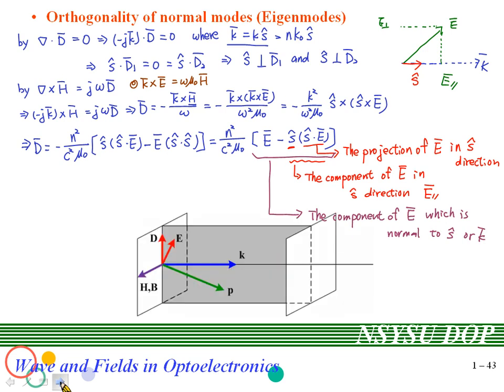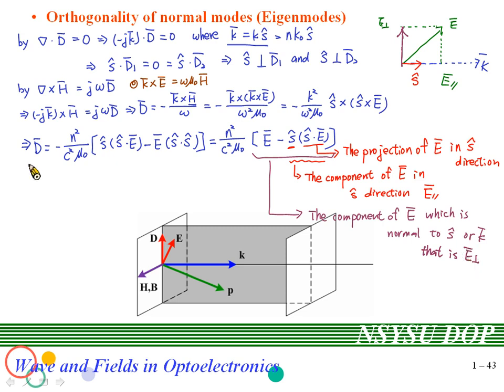Okay? So the expression here just means this component. Okay? That is E normal. And from this expression, you will know that the D field is in proportion to the E normal.